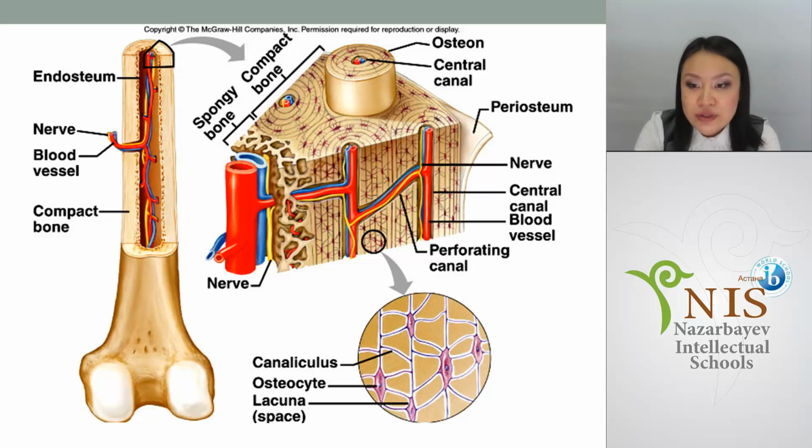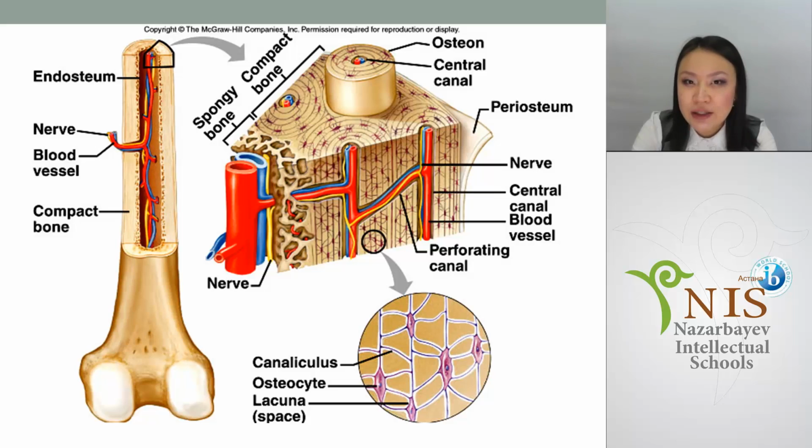Look at the compact bone side. You see there are cylinders, lots of cylinders. Each cylinder comes from bone cells, osteon, and each cylinder has a central canal.